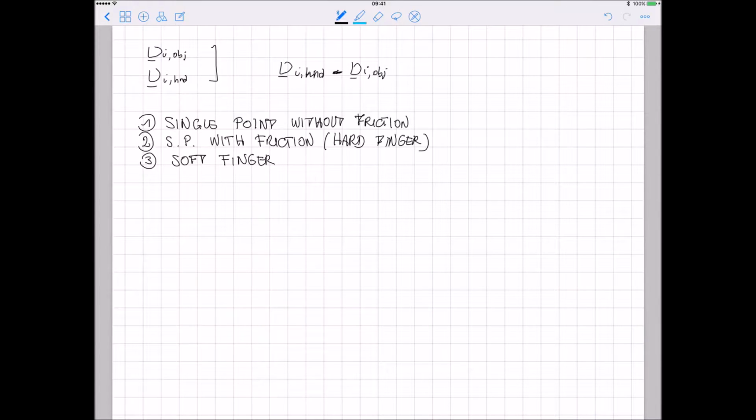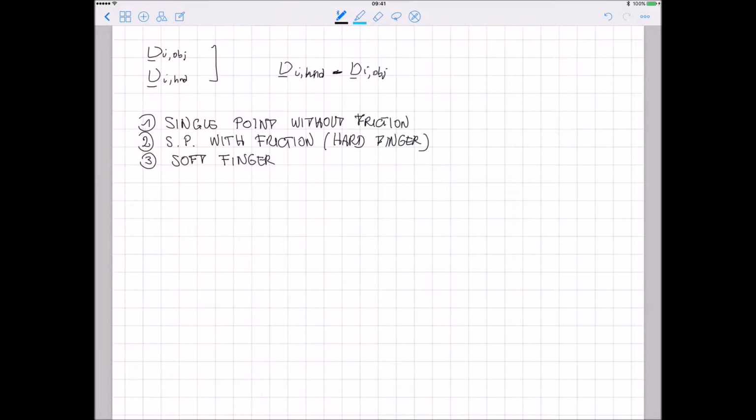And finally, the soft finger model is used when the contact surfaces are not very hard. So when I have the contact, I have a local deformation of the surfaces. And actually, in this type of modeling, the contact is no longer a point, but a small surface.